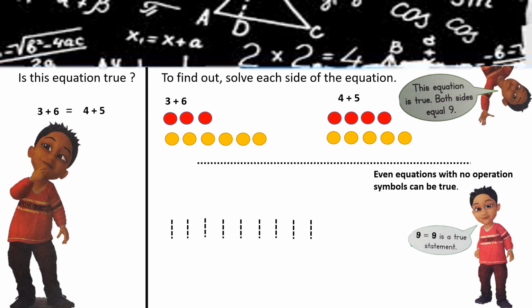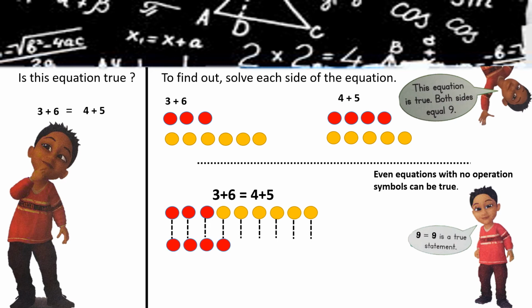Now, how do the counters show that this equation is true? Each counter in one group has a partner in the other group. So the counters show that the equation is true because both groups have the same number of counters.